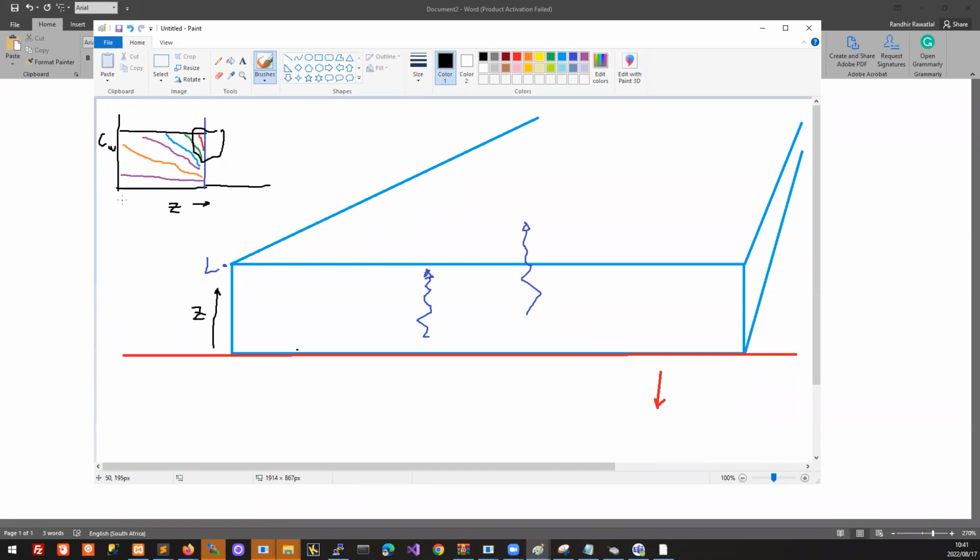But when you look deeper in, near Z equals 0, which is down here, it takes a much greater period of time, especially as the crystalline links form up here. It gets harder for the water molecules to diffuse through the spaces. So that's why it takes such a long time for concrete.